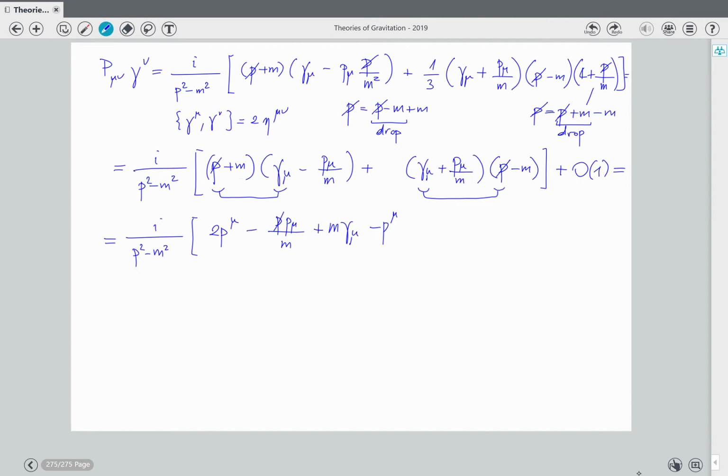The other one, what we remain with, minus m gamma mu plus p mu divided by m p slash minus p mu. So that's 2 p mu minus p mu minus p mu minus p slash p mu divided by m plus p slash p mu divided by m plus m gamma mu minus m gamma mu.